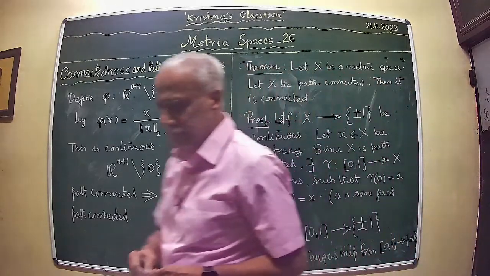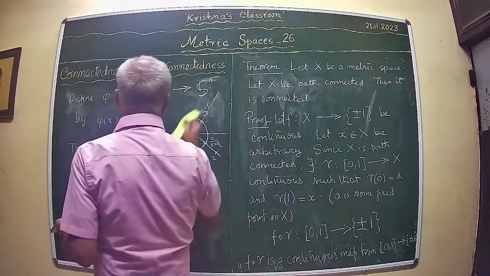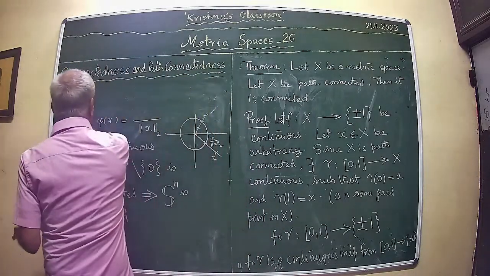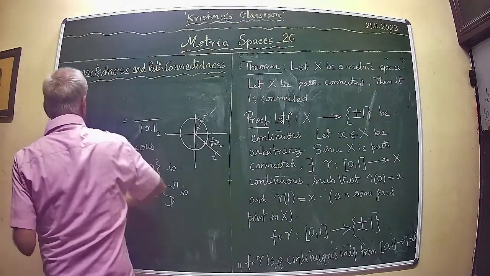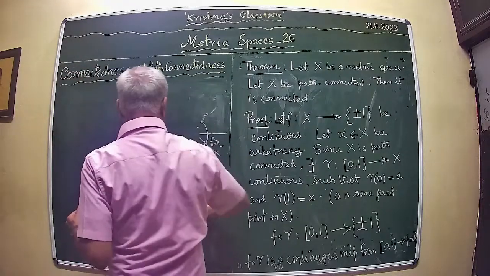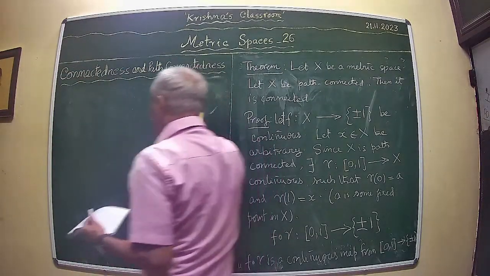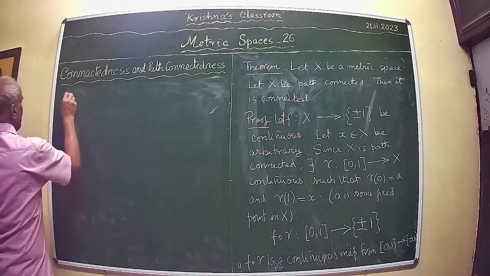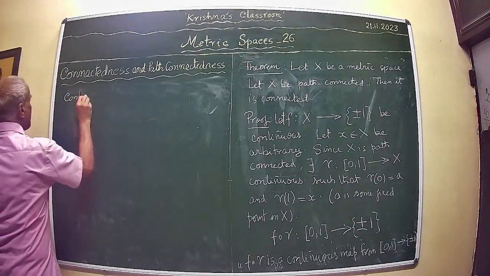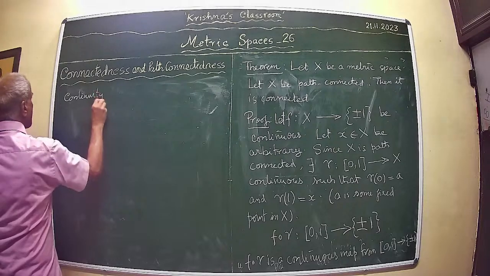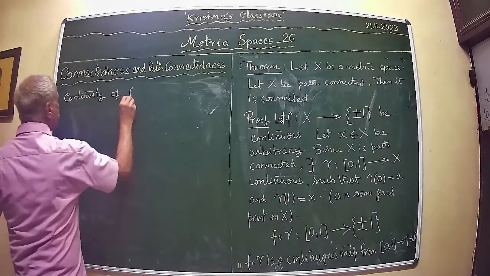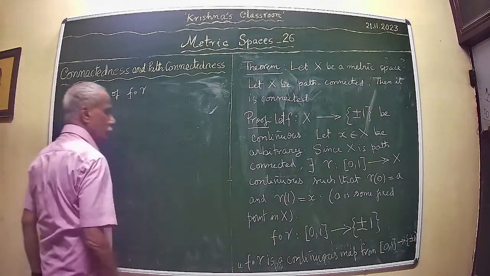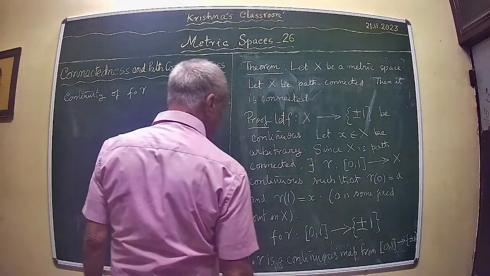And since it is continuous, the only possibility is that this is a constant, by the continuity of F composition gamma.